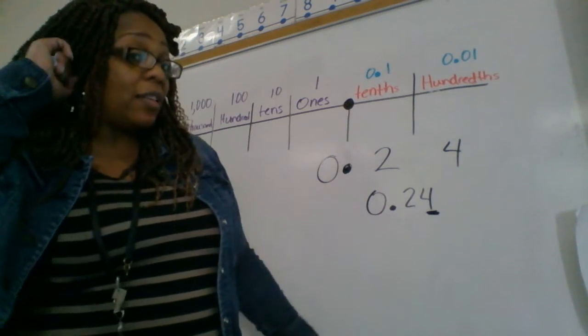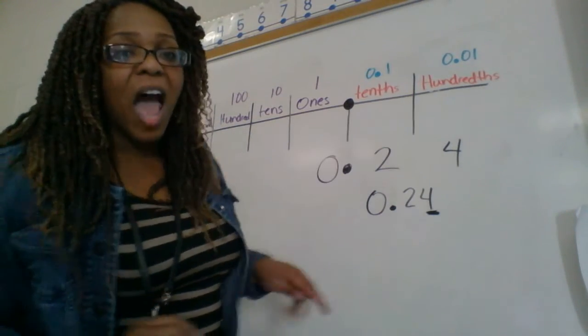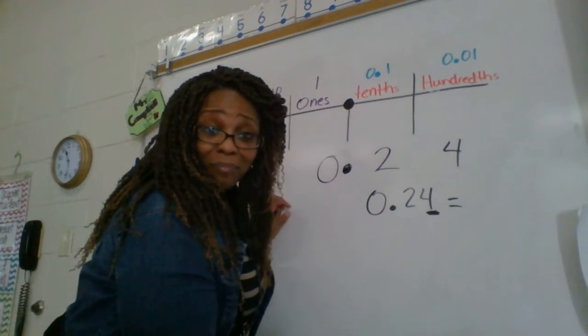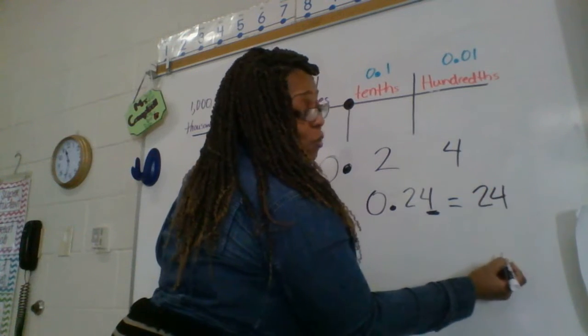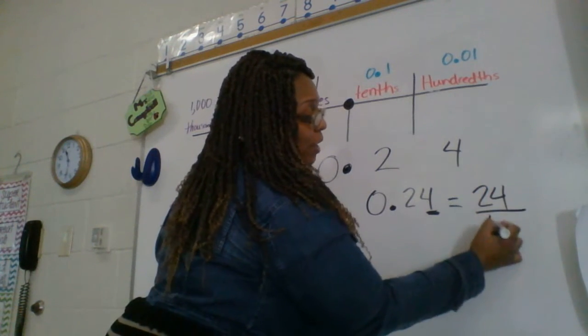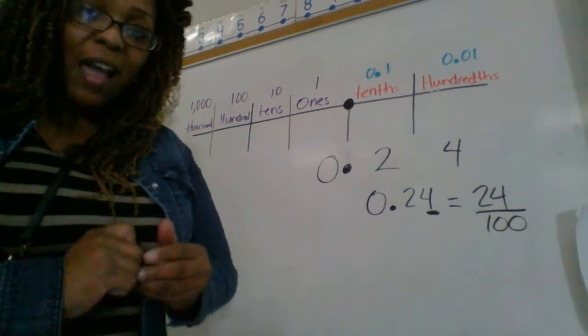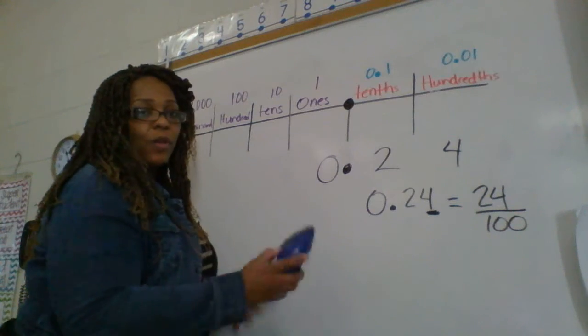What place is that last digit in? That's right, hundredths. So we would write this as simple, easy peasy, lemon squeezy, as they say. 24 hundredths.